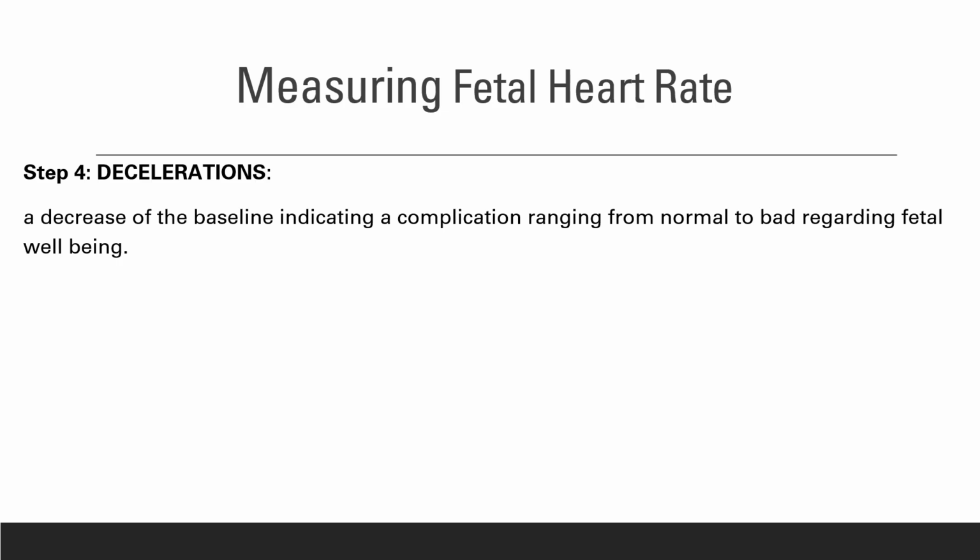There are good decelerations and then there are also bad decelerations, so depending on the situation. Again, these terminology that you see in front of you is very, very important. Please make sure you understand what a baseline is, what is the variability, what is an acceleration, and what is the deceleration as you're measuring fetal heart rate tracing.